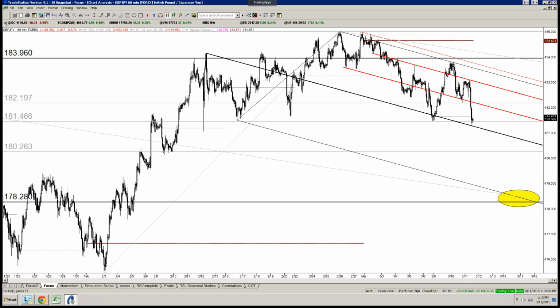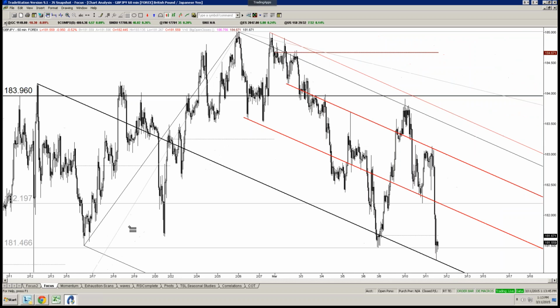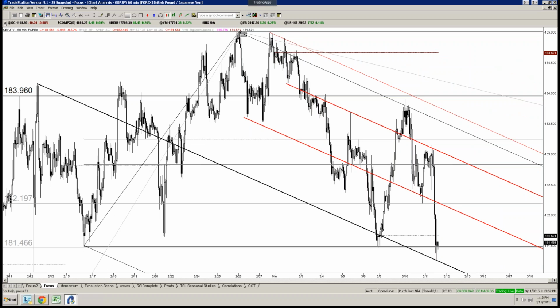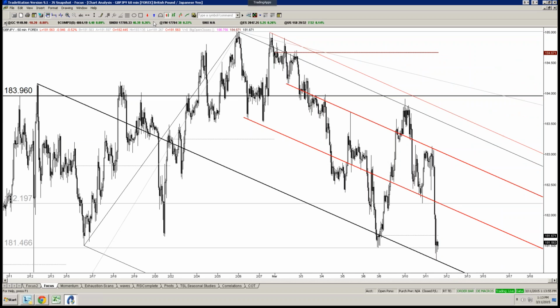Fernando says, would 170.30 also be the head and shoulders target? Bingo, my friend. You've got it. That is correct. So head and shoulders, if we did the measuring, measure like this.